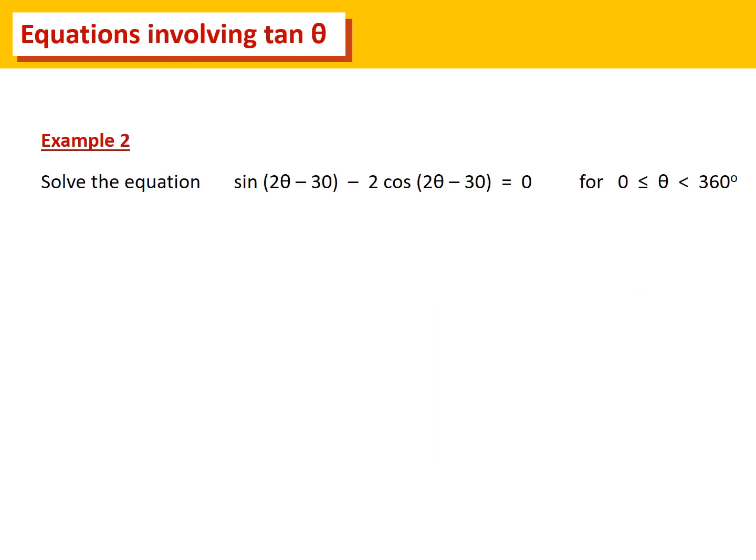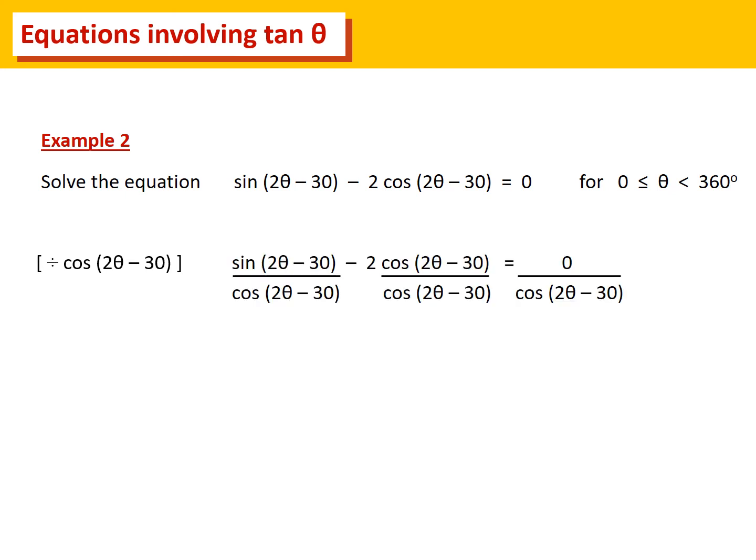In example 2, note the two angles, 2 theta minus 30 and 2 theta minus 30, are the same. They have to be. If we divide by cos of 2 theta minus 30, we end up with that. It looks a bit complicated, but the first term, sine over cos, is just tan.